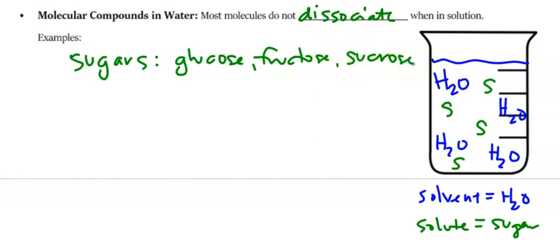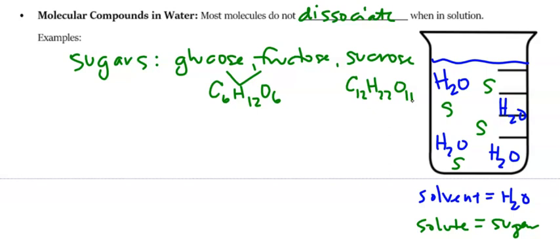And they all have formulas like glucose and fructose actually have the same formula, C6H12O6. Sucrose is C12H22O11. They all have this same CHO formula. Notice they have H, but they are not acids because the C and the O are not an anion.